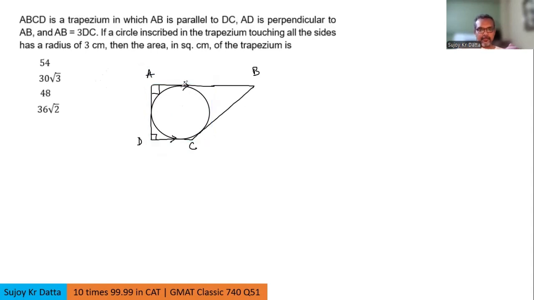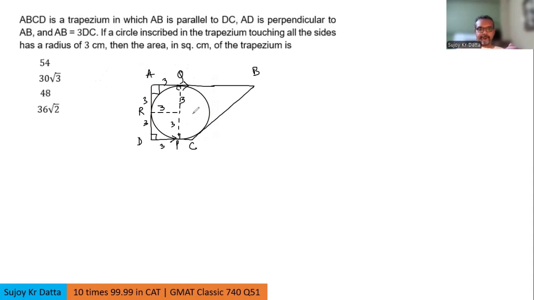The radius is 3. So we have got this. These are all 90 degrees. And let's call these P, Q, and R maybe. We have to figure out the area of the trapezium.